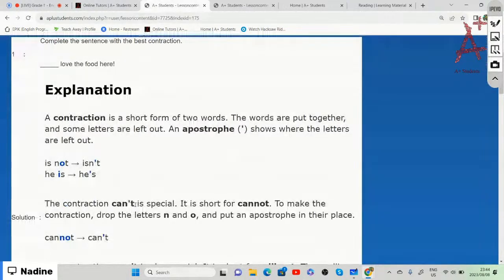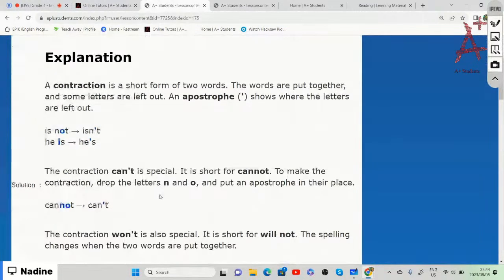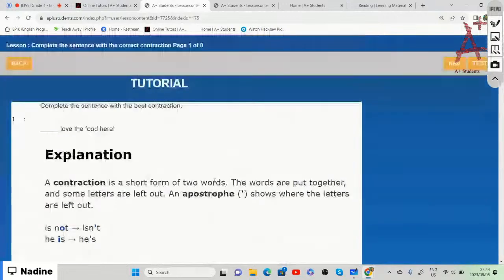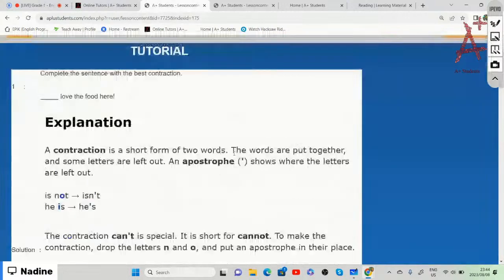So now, once again, contractions are the short form of two words. These are words that are put together, and some of the letters are left out. For the letters that we leave out, we put an apostrophe to show where the letters are.